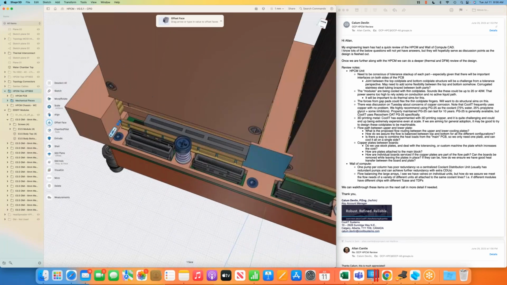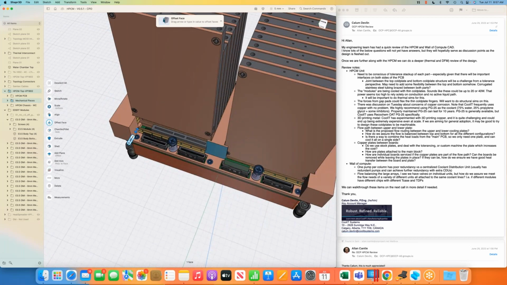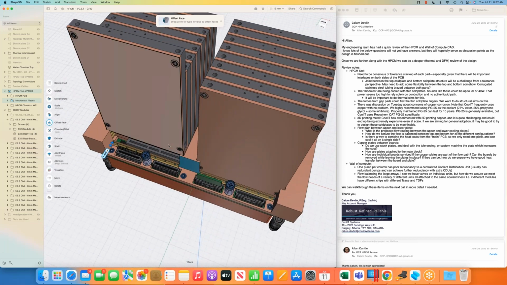But to be honest, I'm going to have to start the model from scratch, which is probably a healthy thing to do. It might be the right time for a mechanical engineer to get involved, because I'm an electrical engineer, and I have fun with these mechanical ones, but I'm not a mechanical engineer, so that will be good.